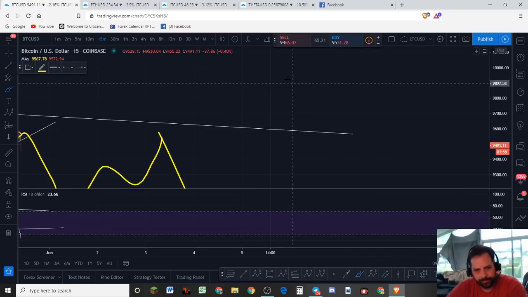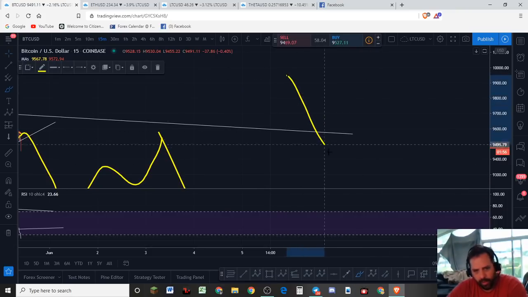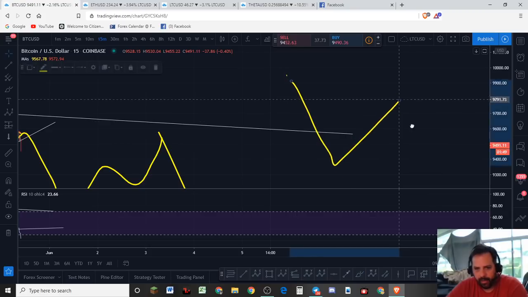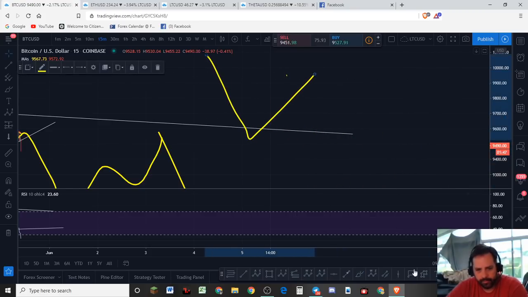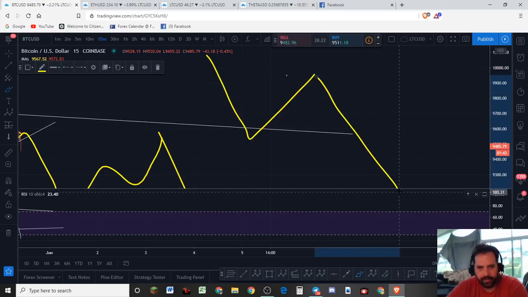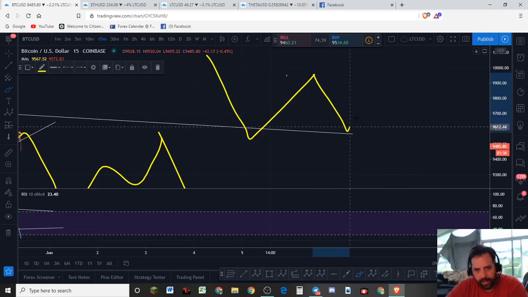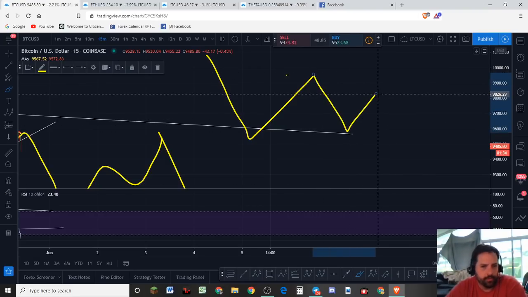So when you get a 1 and a 2, what happens is you're expecting the third wave to continue down, right? But what you get is a 1 and a 2, and this is the beginning of the third wave.